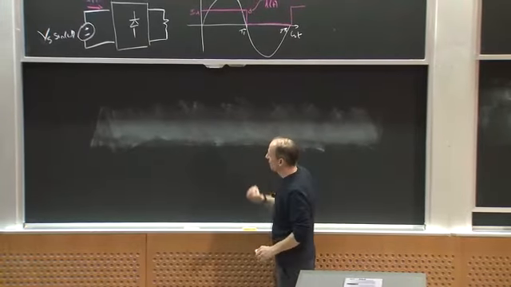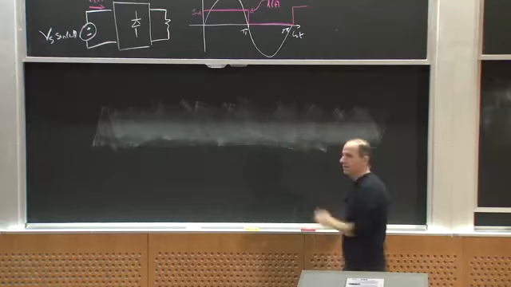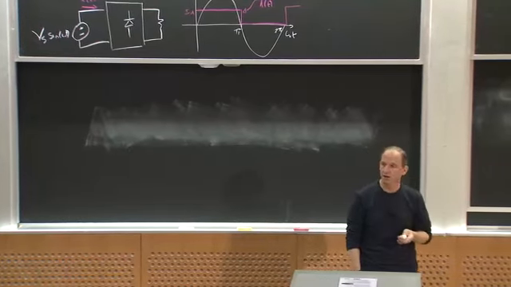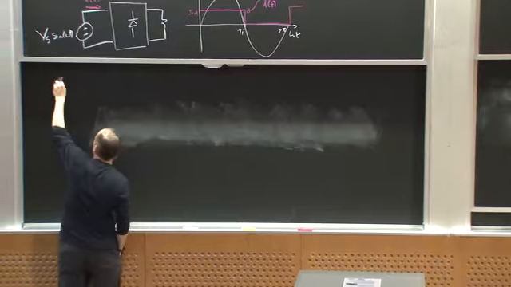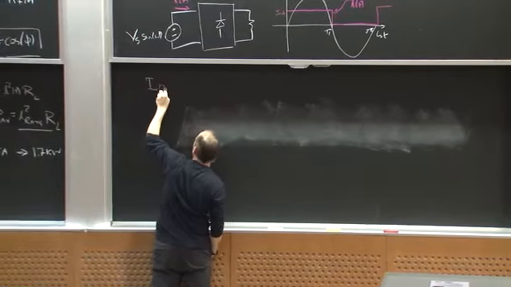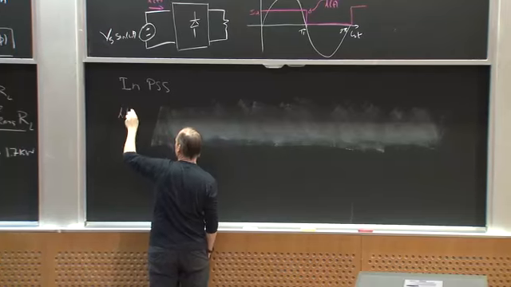One way to think about it is that in periodic steady state, I get a periodic current. So in PSS, I can represent I of t with a Fourier series.